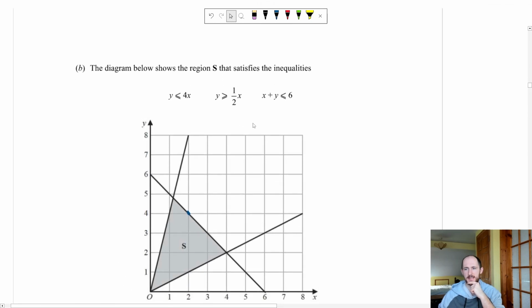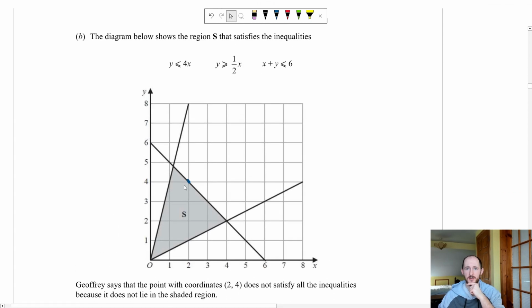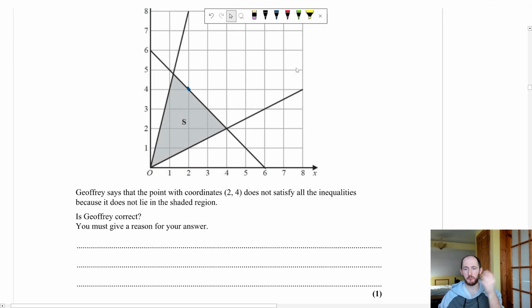I mean, technically speaking, it is inside the region. Because remember, it's equal to. So if it's along the line, it is still equal to all of these. So one way I would put this is I would say, no, the coordinate is on the line.